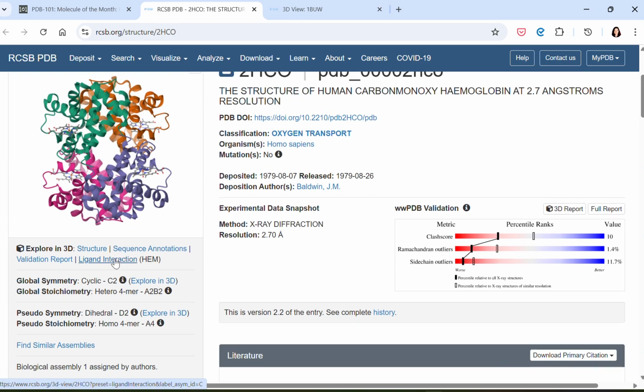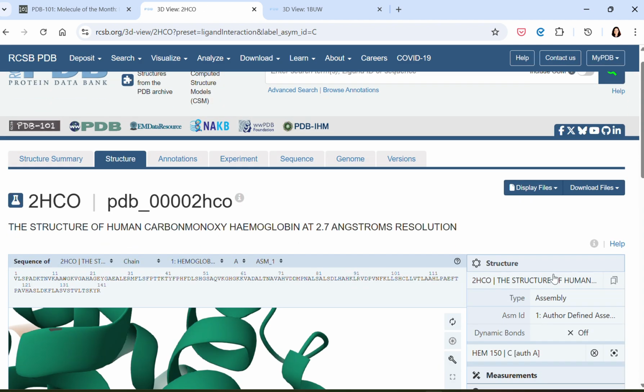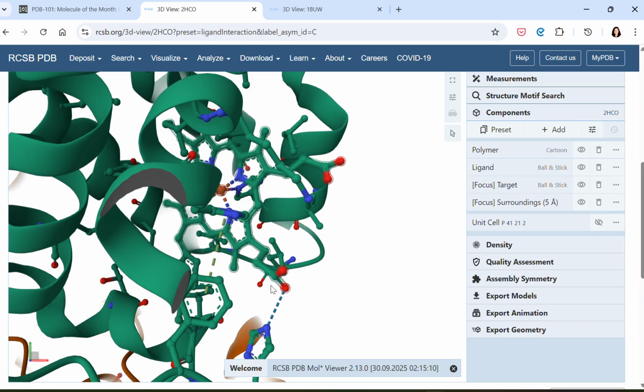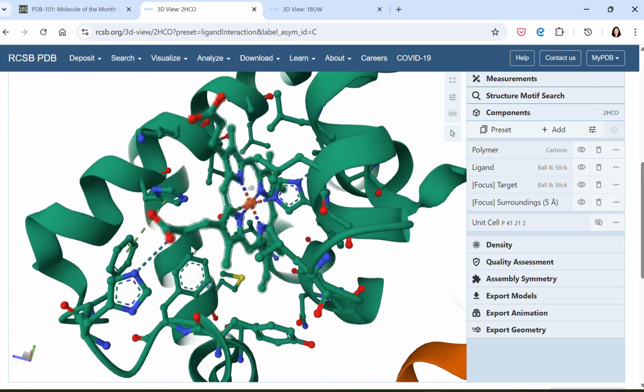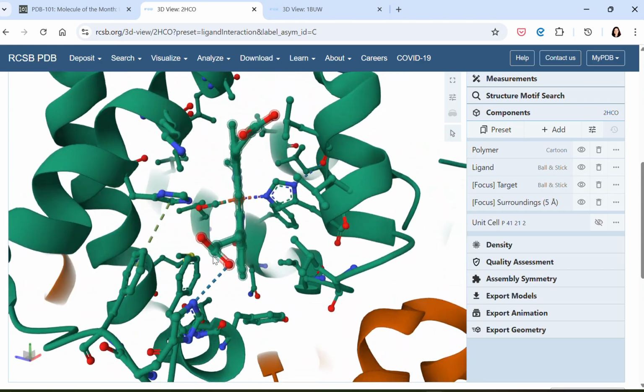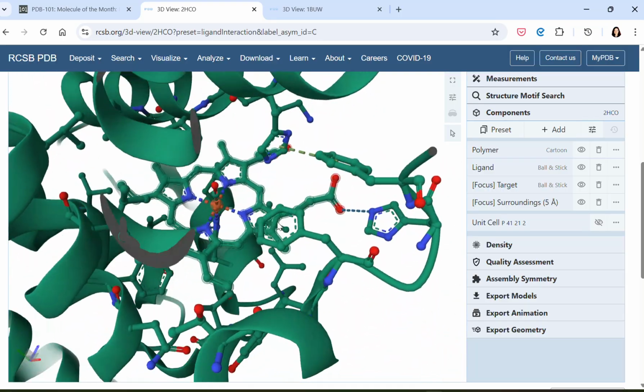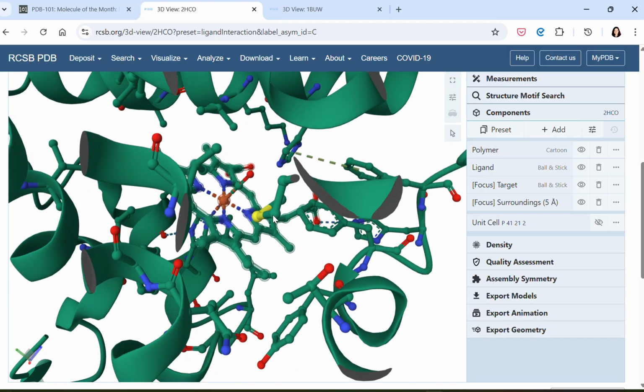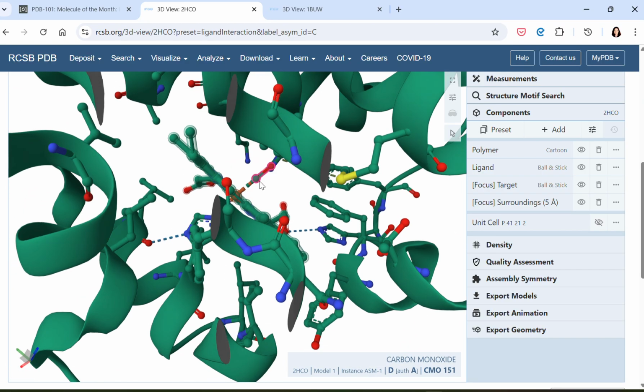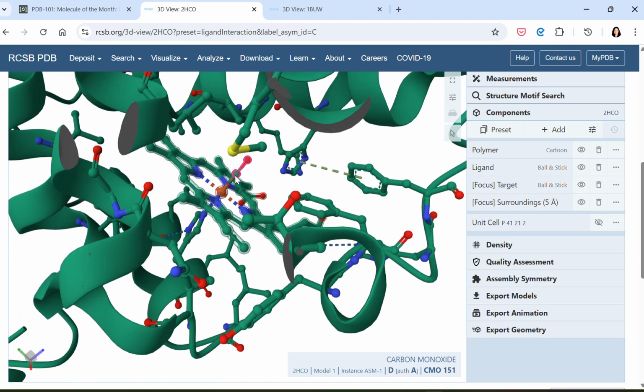Now I go directly to ligand interaction. What do we have here? Yeah, here. Carbon monoxide is in here, and it is an irreversible interaction, as you may remember.